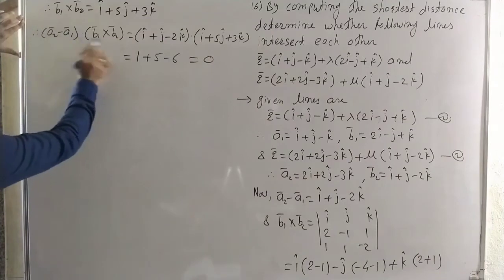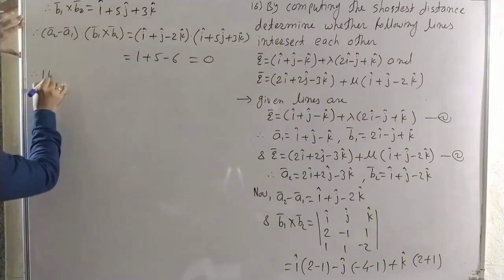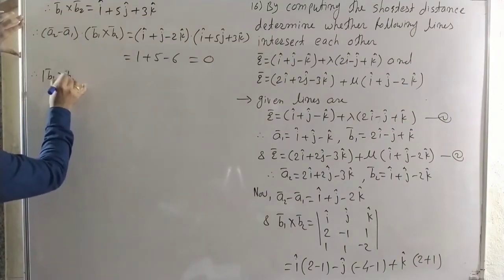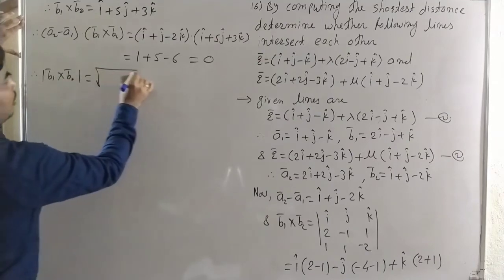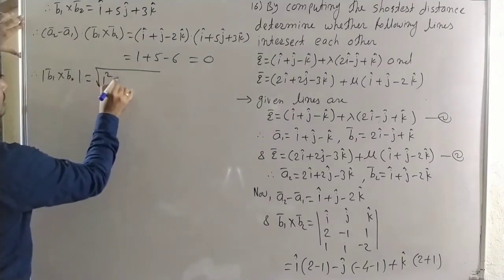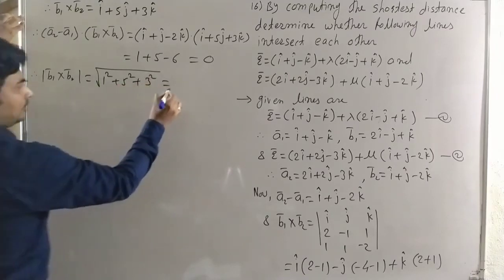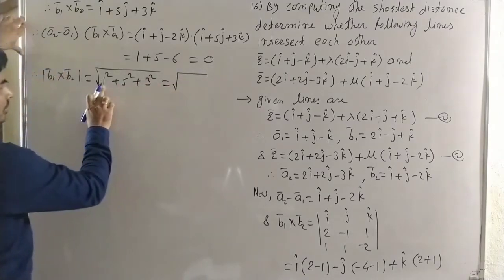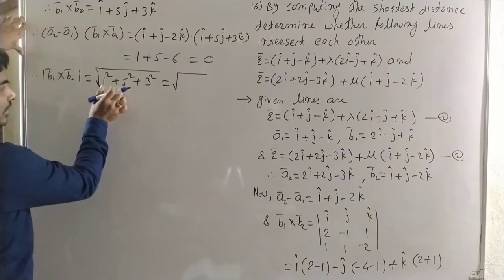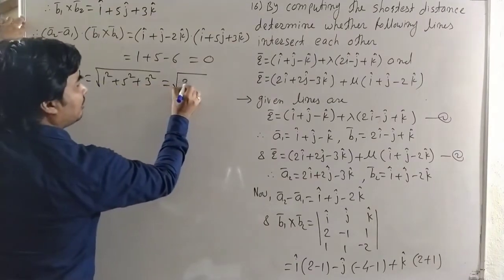For that we take the magnitude of b1 bar cross b2 bar. It is under root of 1 square plus 5 square plus 3 square, which is under root of 1 plus 25, that is 26, and 26 plus 9 is 35.